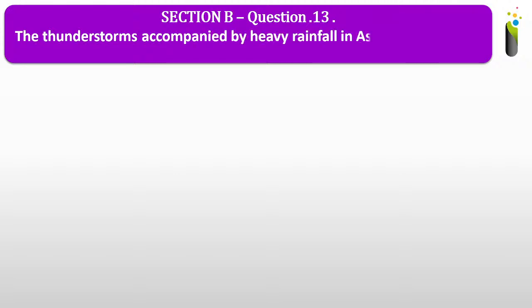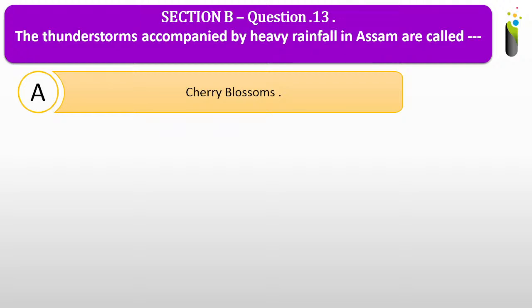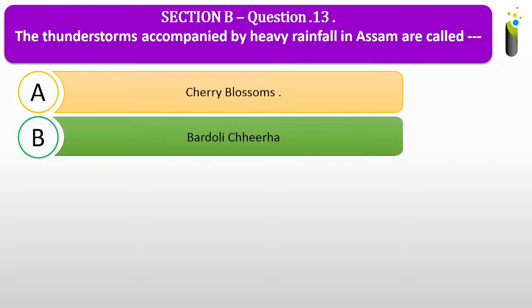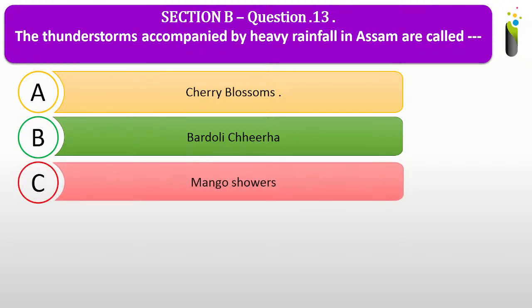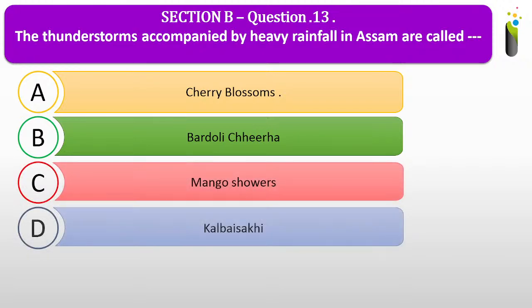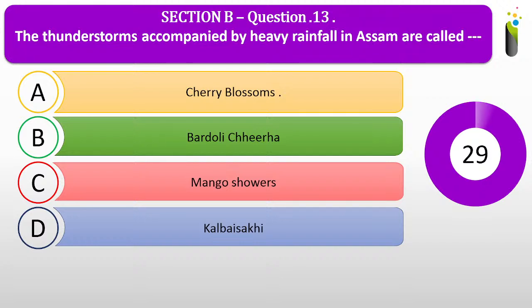The thunderstorms accompanied by heavy rainfall in Assam are called as dash. A. Cherry blossoms. B. Bardoli chira. C. Mango showers. D. Kalbaisakhi. Is it cherry blossoms?